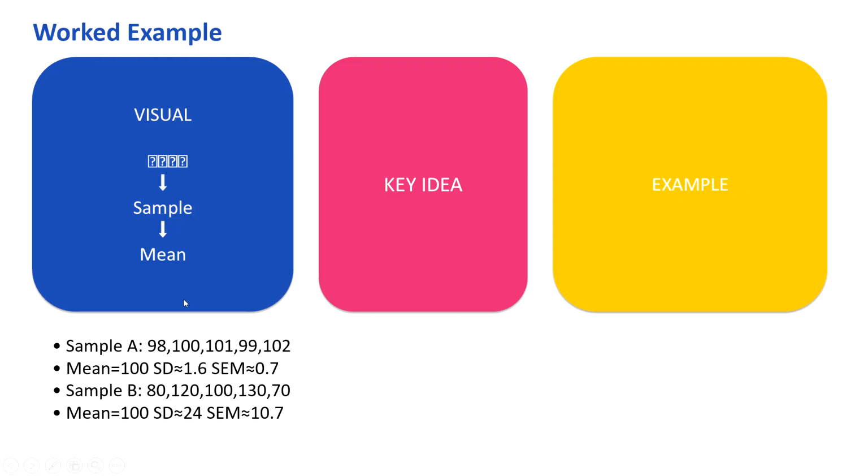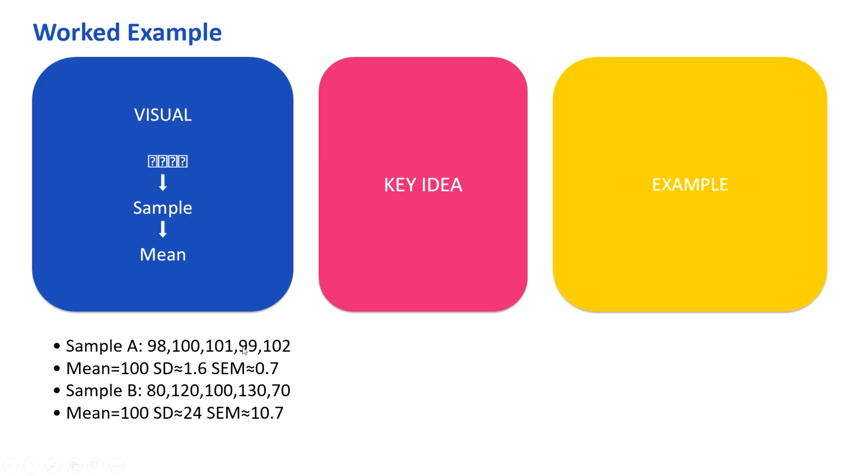So this is data set A and this is data set B. Even though the averages are identical, we are much more confident in the data set A estimate because the values are closely together.